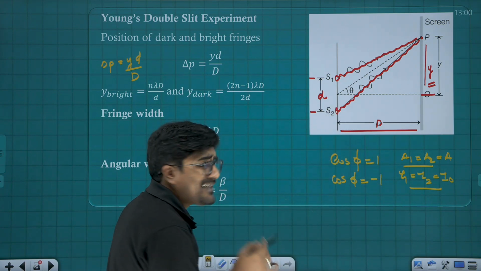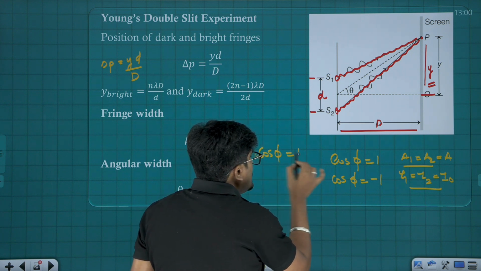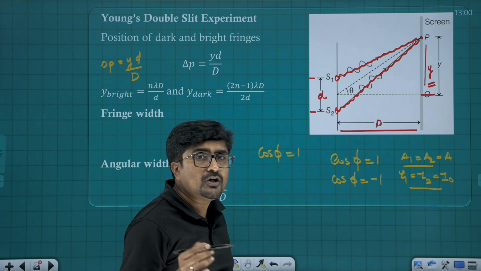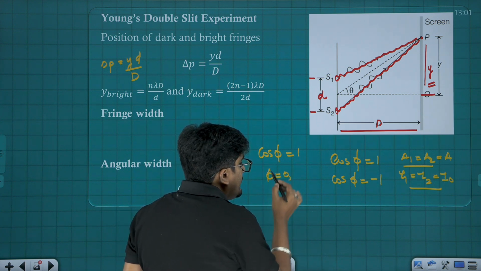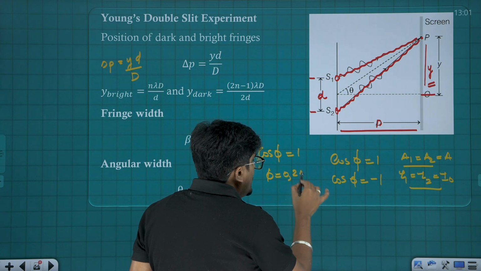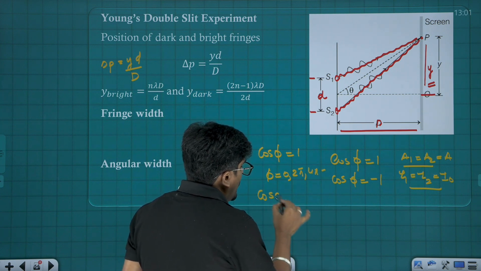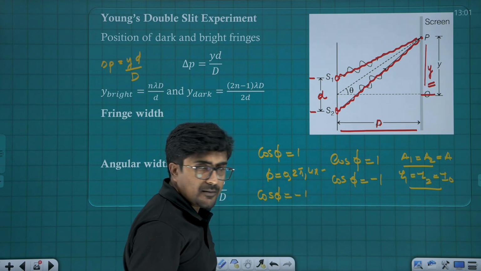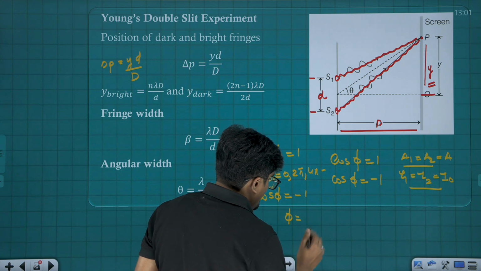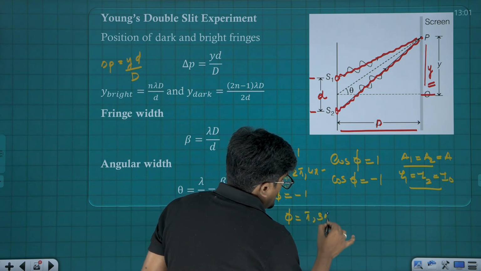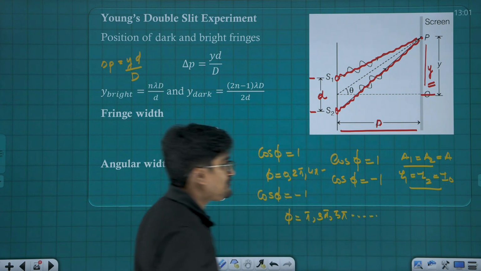For cos phi to be 1, phi must be either 0, 2 pi, 4 pi, etc. And for cos phi to be -1, phi must be pi, 3 pi, 5 pi, etc.